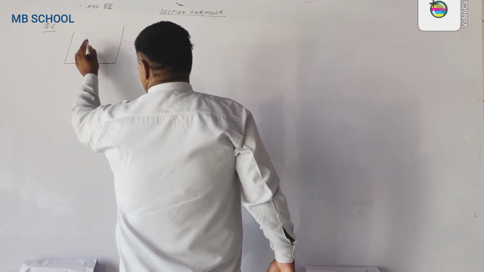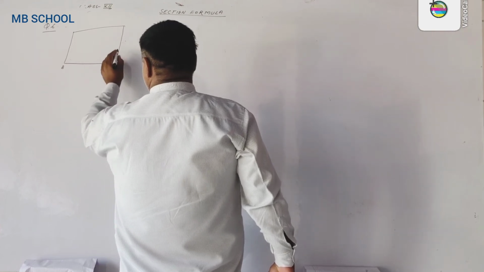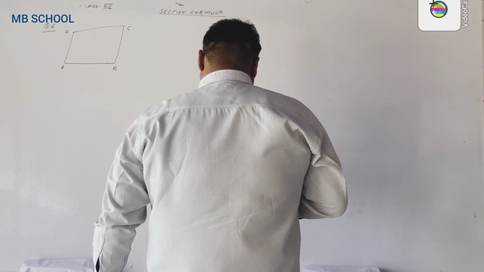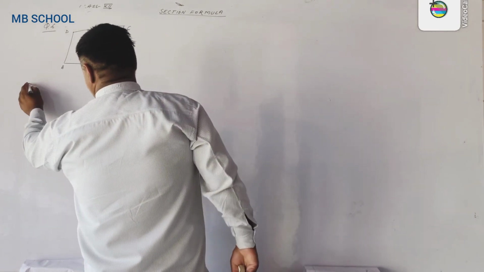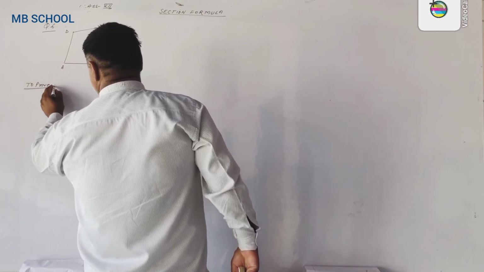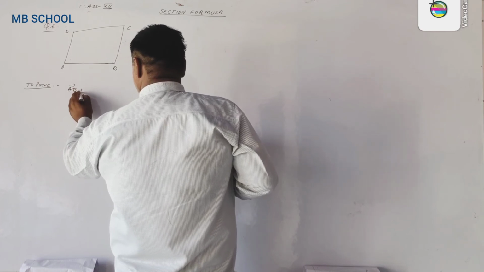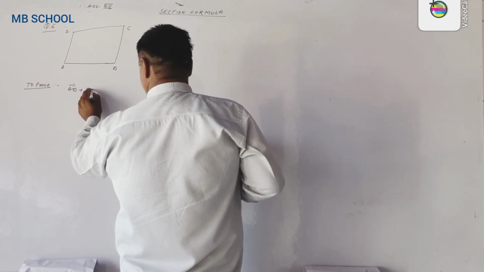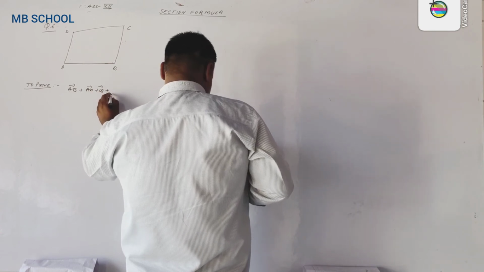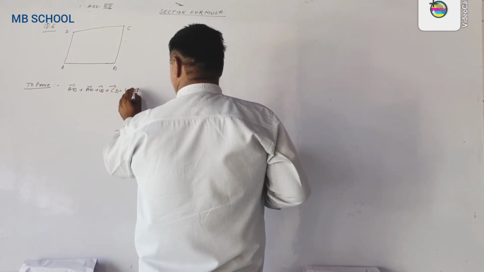This is your quadrilateral ABCD, this is A, B, C and D. So now we have to prove that vector AB plus AD plus CB plus CD equals 4PQ.